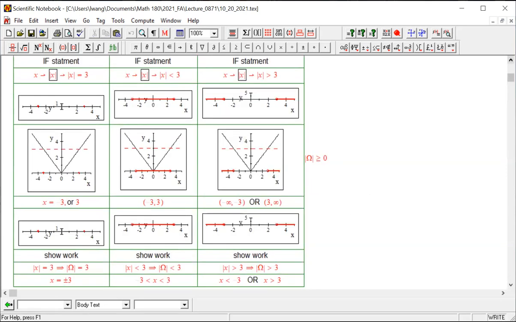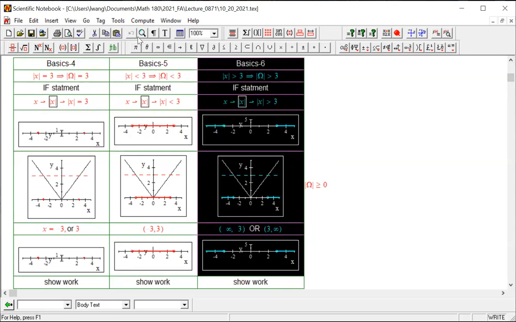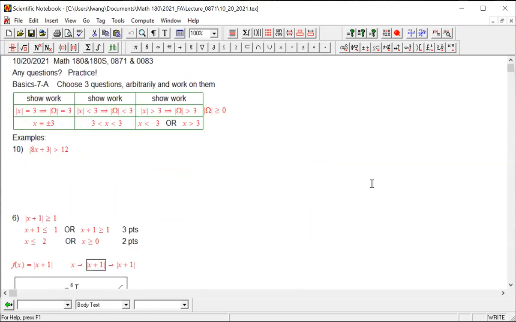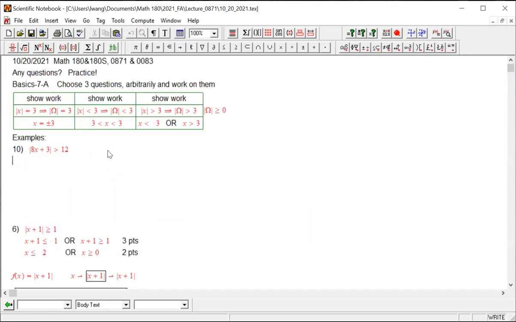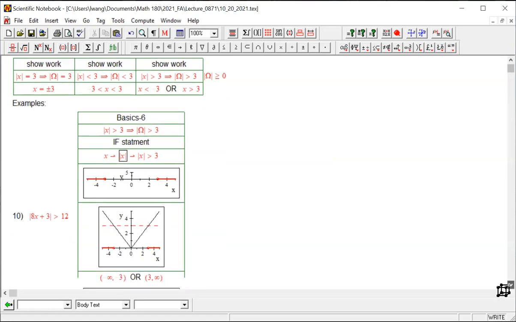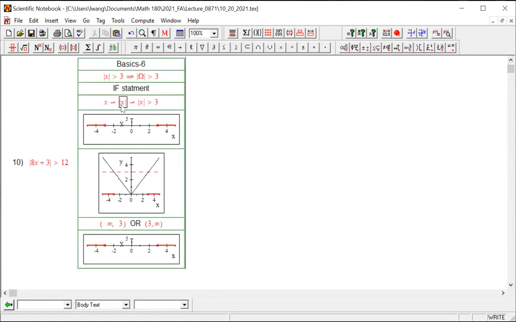Okay, hold on. All of these. Okay, you understand the picture and everything, right? Right there. Okay. And our omega is 8x plus 3, turning into 12.